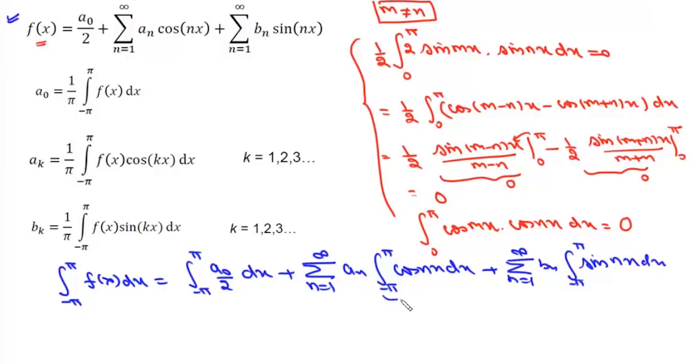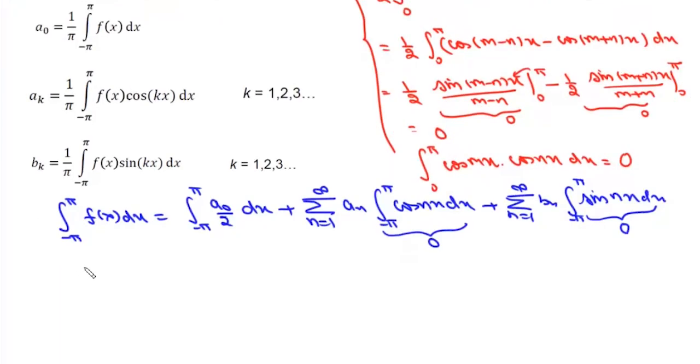Now this integral of cos nx dx from minus pi to plus pi will be 0, because if we integrate cos, we'll get sin, and sin n pi is 0, and in this case sin nx is an odd function, so the integral of an odd function from minus a to plus a will also be 0.